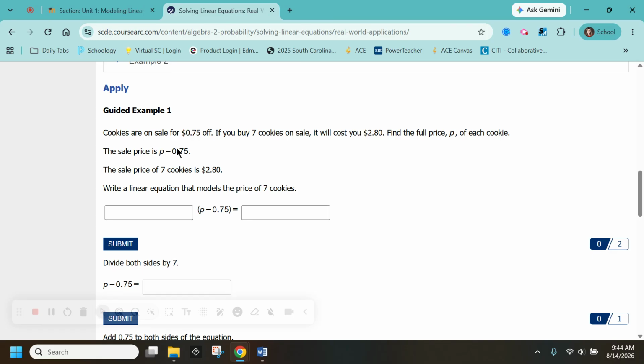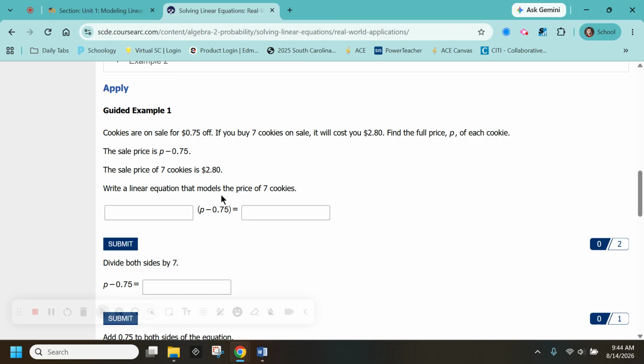Cookies are on sale for 75 cents off. If you buy 7 cookies on sale, it will cost you $2.80. Find the full price, P, of each cookie. So the sale price is the price minus 0.75. The sale price of 7 cookies is $2.80.